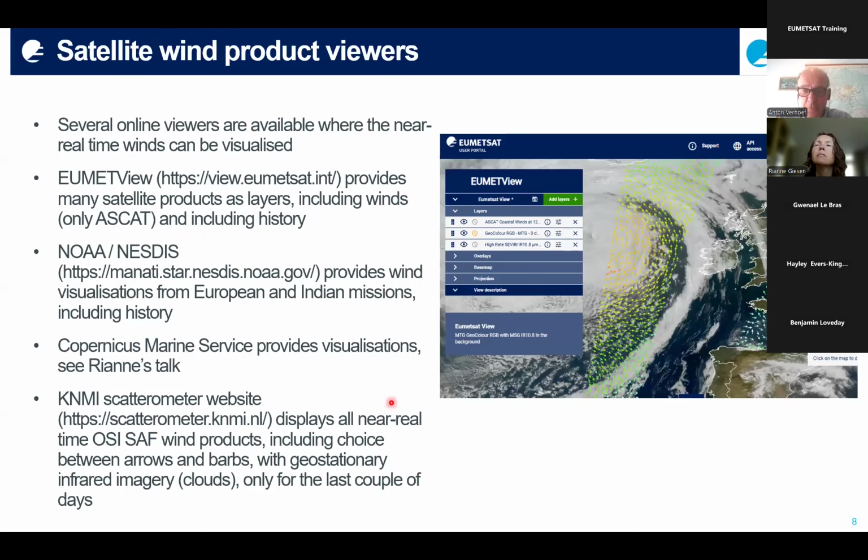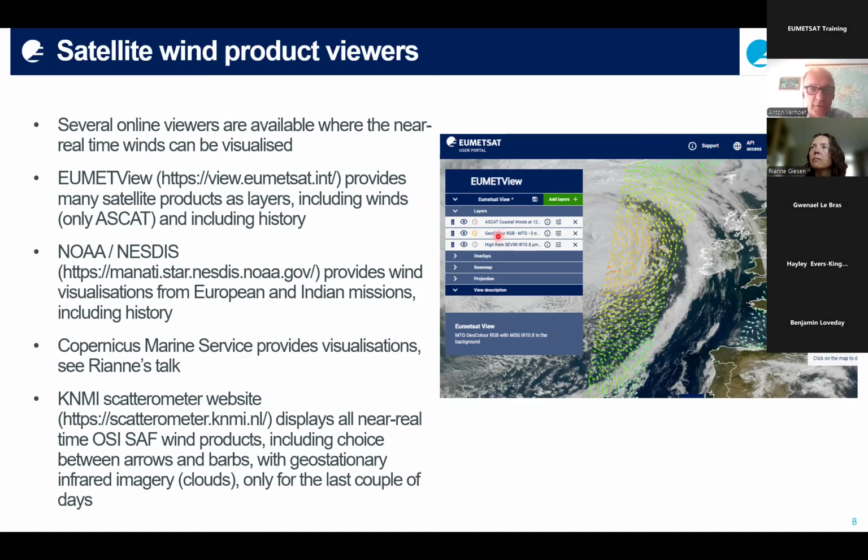So I have a couple of slides on satellite wind product viewers that are available online to the public. Here we see an example of EUMETView, which is the EUMETSAT user portal. It provides many layers from different instruments and satellites, so you can easily select what you want to see, and ASCAT is also part of this.